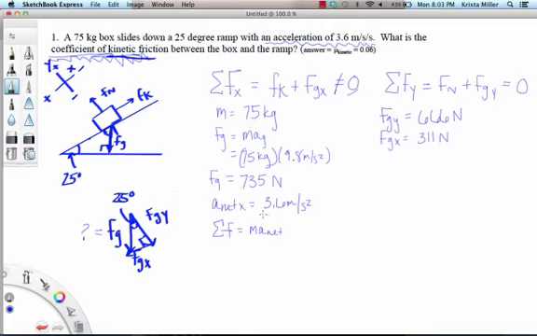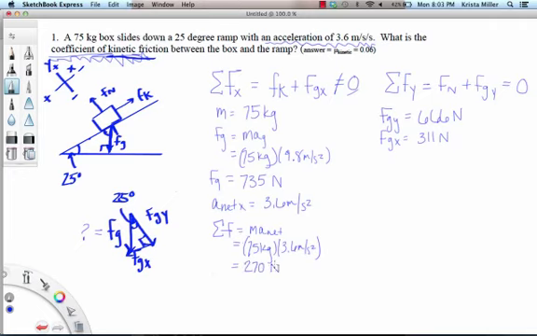So if we figure out what the net force in the x direction is, we will then know the net force in the x direction and the force of gravity in the x direction, which will tell us the kinetic friction. So let's take a minute and do the math. We have 75 kilograms times 3.6 meters per second squared, and that's going to give you 270 newtons.